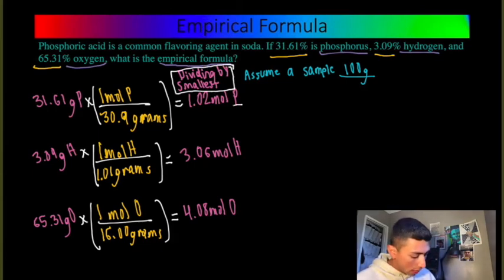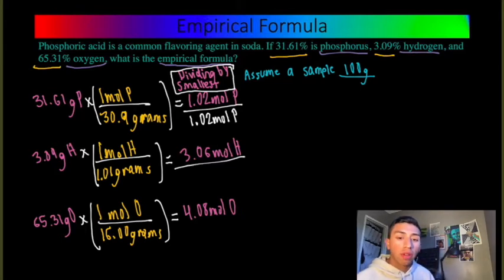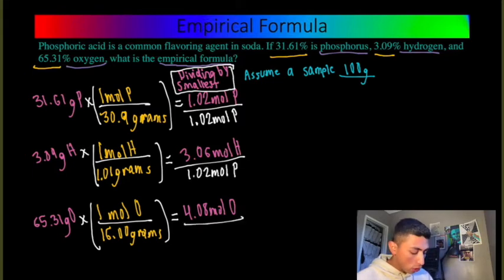So we are going to divide 1.02 moles of phosphorus, and since phosphorus is the smallest one, we divide this by 1.02 moles of phosphorus again. We're dividing 3.06 moles of hydrogen by 1.02 moles of phosphorus, and we are dividing 4.08 moles of oxygen by 1.02 moles of phosphorus.